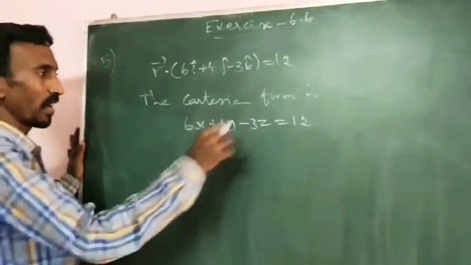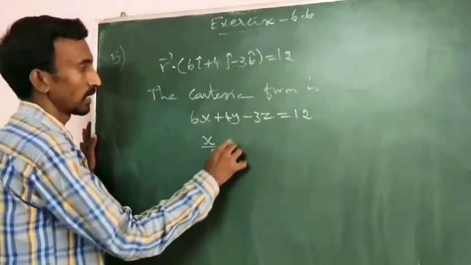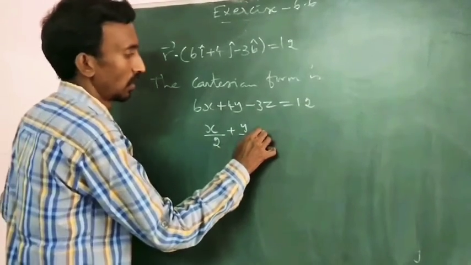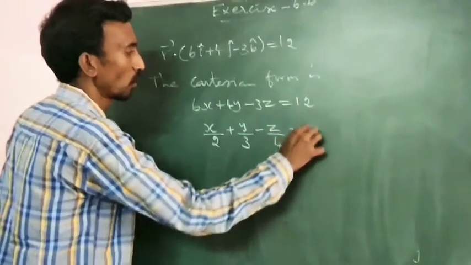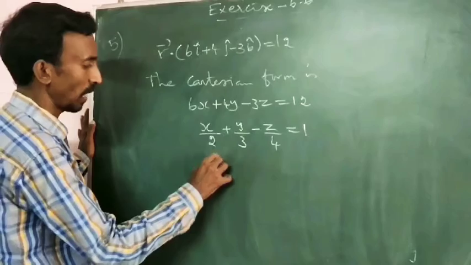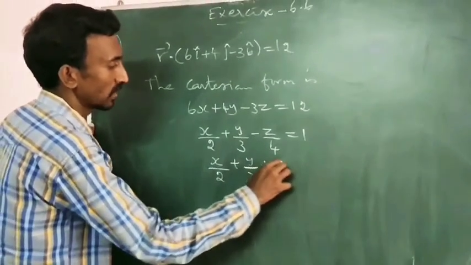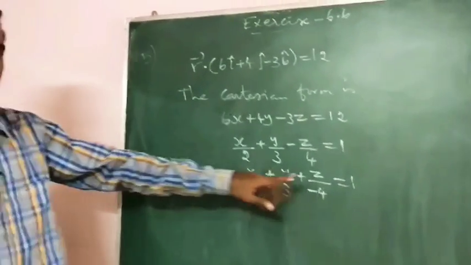Okay. So now divide both the sides by 12. x by 2 plus y by 3 minus z by 4 equal to 1. Move this minus 1 to the denominator. x by 2 plus y by 3 plus z by minus 4 equal to 1. Now it is in the intercept form.